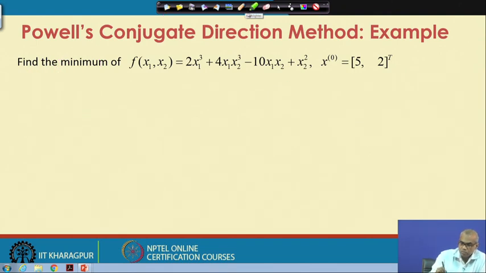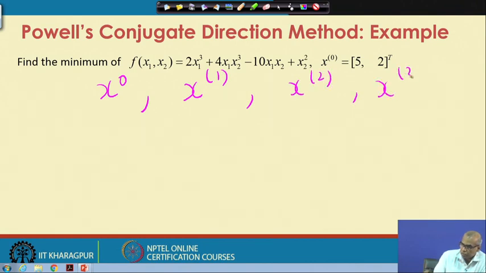Now, I was given x 0, I got x 1, I got x 2, I got x 3. We look at the values of f of x 1, f of x 2, f of x 3.